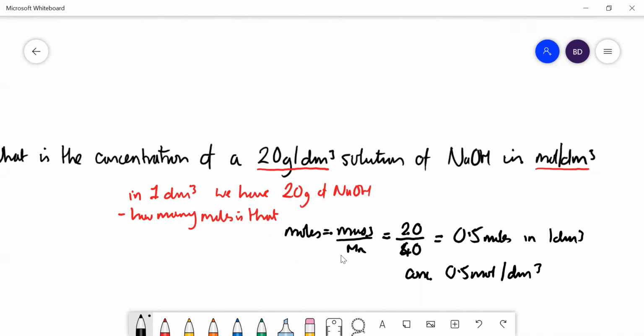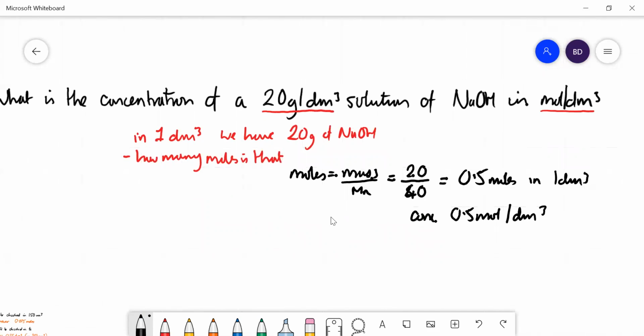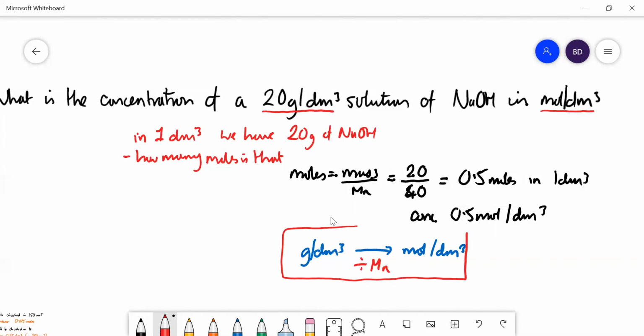Well, let's see what we did there. All we did was we converted grams per decimeter cubed into moles per decimeter cubed, and we divided by the Mr. Now we just compare that to what we did for the previous one, which is the reverse of that.